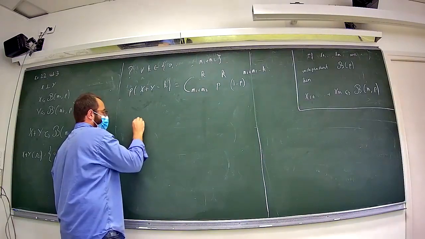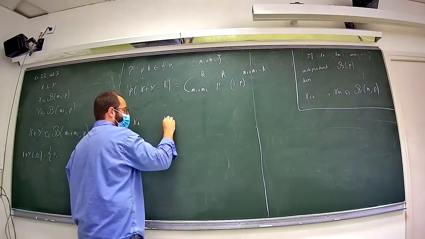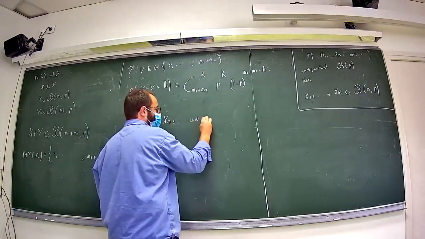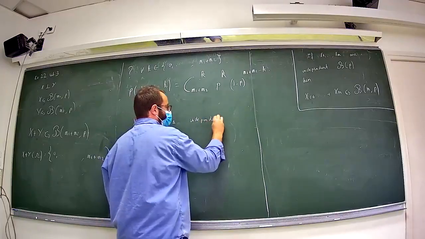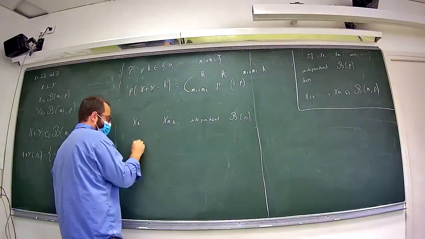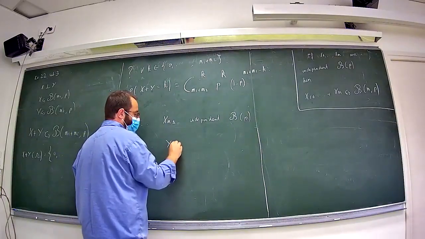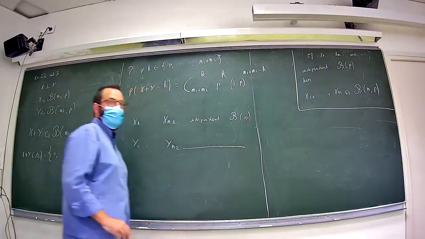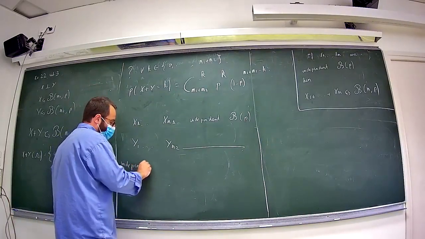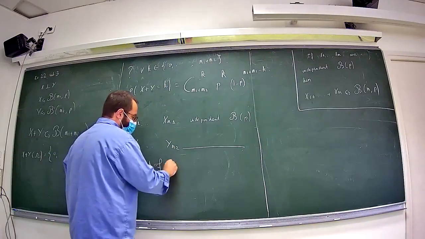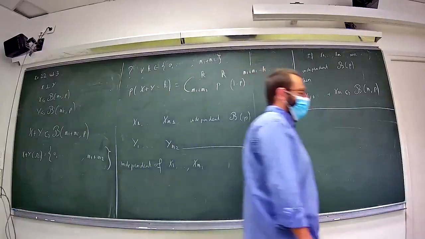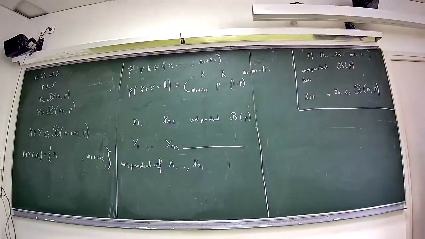I consider X1, ..., X_n1, independent Bernoulli(p), and I consider Y1, ..., Y_n2, independent Bernoulli(p), that are also independent of the previous ones. I am in this situation. What can I say?